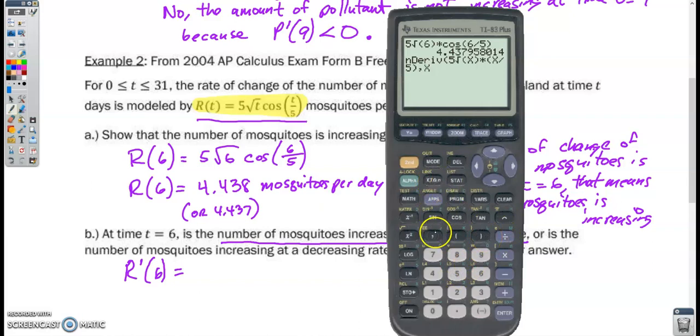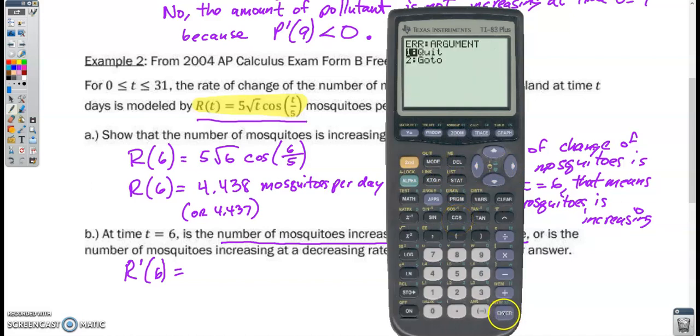With respect to x at time 6. For those of you who have newer calculators, my apologies that my technology is old and shoddy. What did I do? Uh-oh, I lost my cosine. Cosine. 5 root x cosine of.